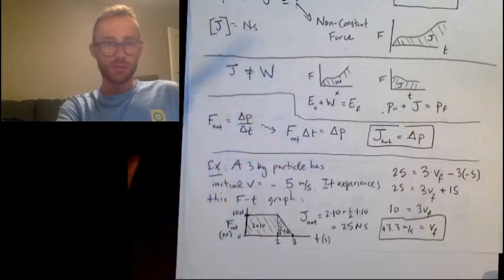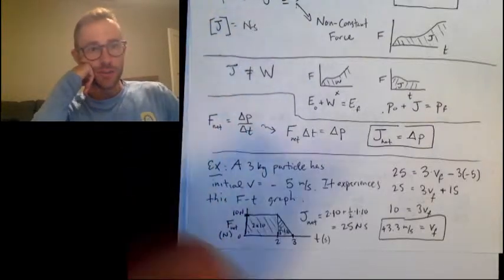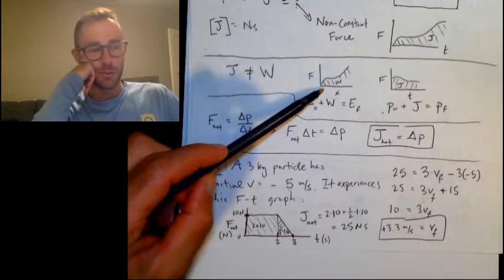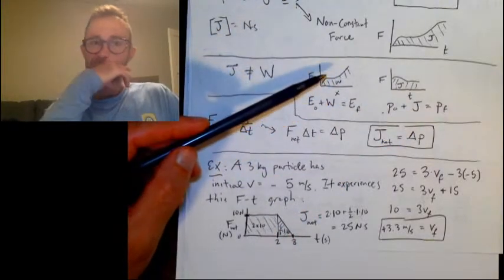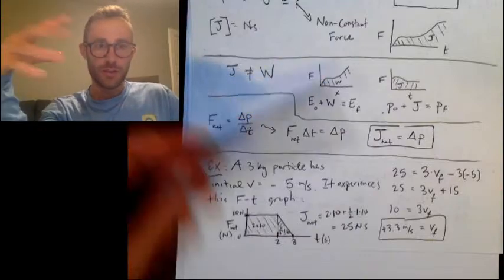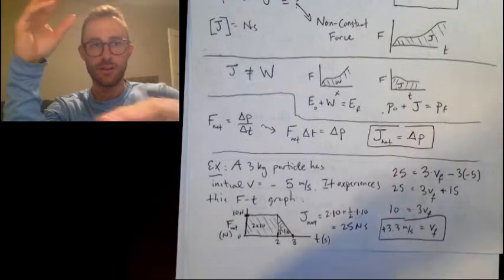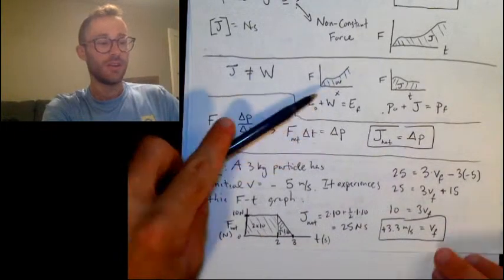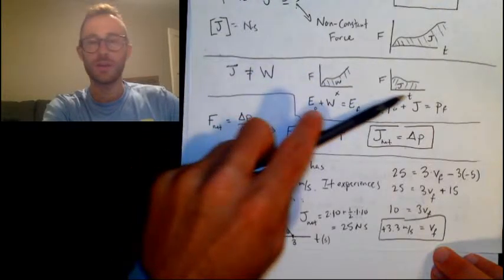Just one last thing really briefly: on midterm 2, I will try to confuse you with the difference between work and impulse. A really good idea would be to just keep a piece of paper with all the key facts that we're learning. Don't worry about the examples, but just the key facts, like area under a force displacement graph is work, area under a force time graph is impulse.